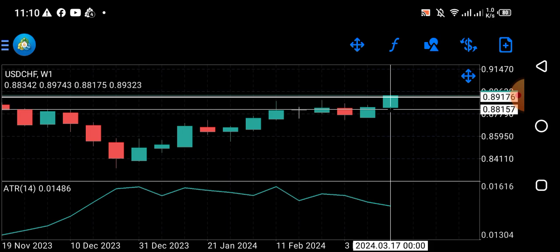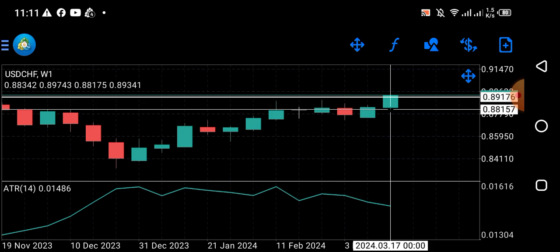The high price it has gotten to this week is 8974 and the low price it has gotten to is 8817. So it has delivered about 160 pips. Am I correct?